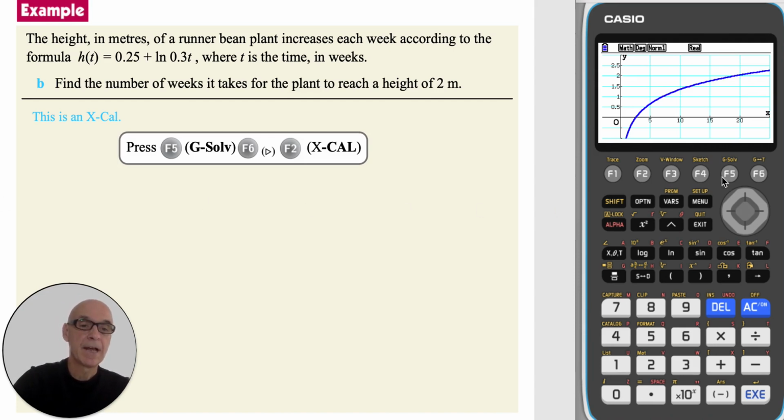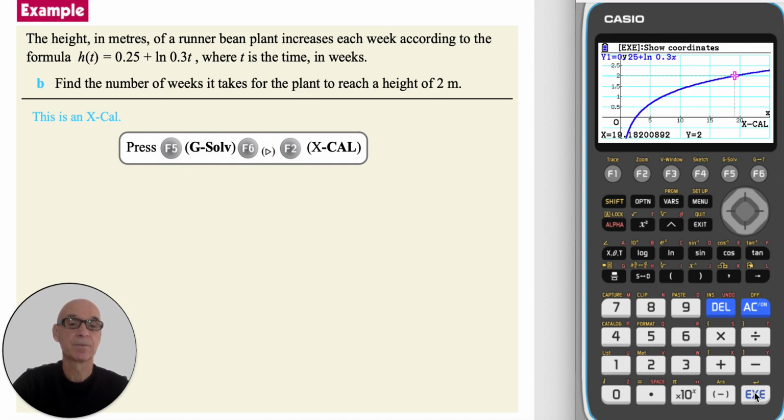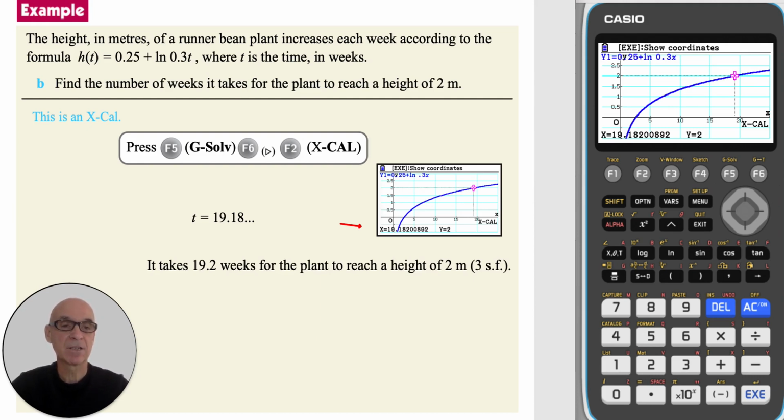Pressing F5, G-solve, F6 to get to the second page, and then F2 for an x calculation. Entering the given value of y, which is a height of 2 meters, pressing execute, gives t equals 19.2, the same value of t as before. It takes 19.2 weeks for the plant to reach a height of 2 meters.